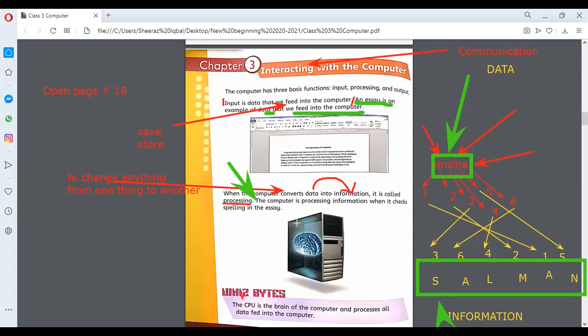When you are typing the essay, the computer is also processing by checking the spellings. If some spelling is not correct, it shows that spelling in red color. There are three colors in which it shows mistakes: red, blue, and green. In this way, it checks the spellings and shows you the errors.